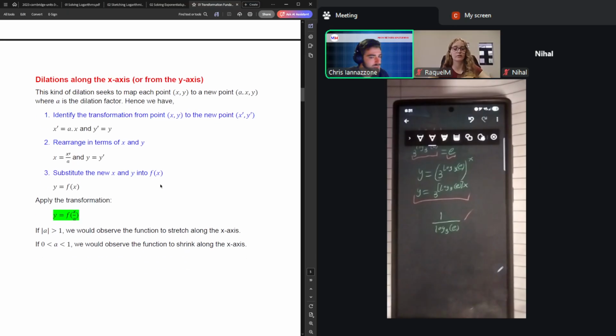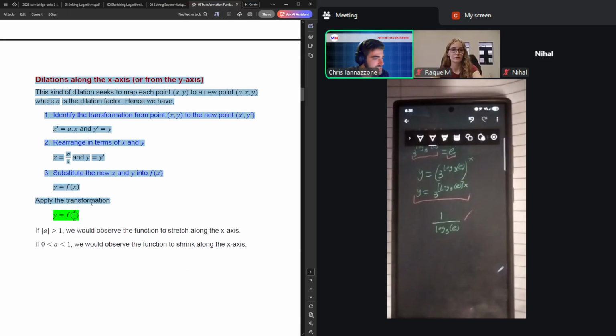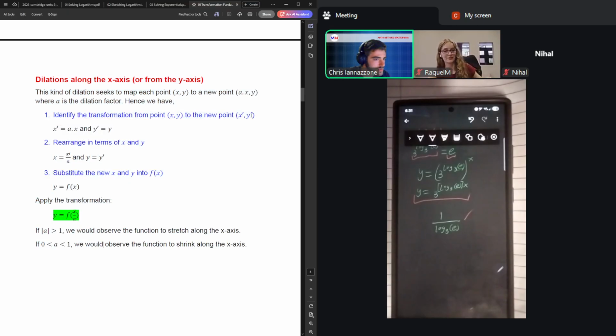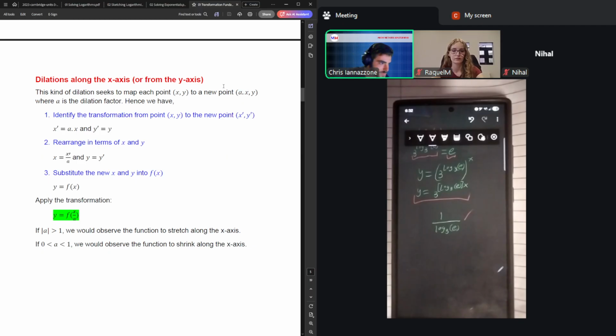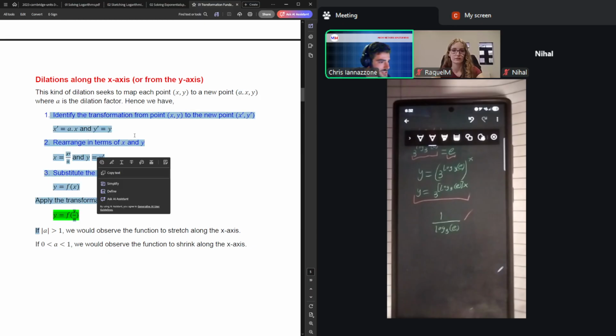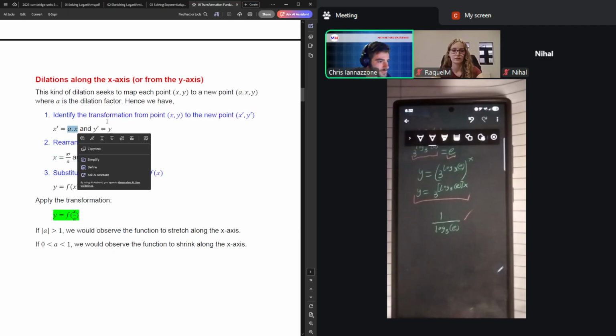Cool. So if you have a look back at the screen share, this is how we apply any transformation using our point form. Essentially, a dilation factor is always multiplication on a variable. Dilation factors that are in the x direction are multiplied on the x. But as part of the sequence of transformation steps that we do, you start with the thing you want to do, but to put it into an actual function, we have to process it a little bit.